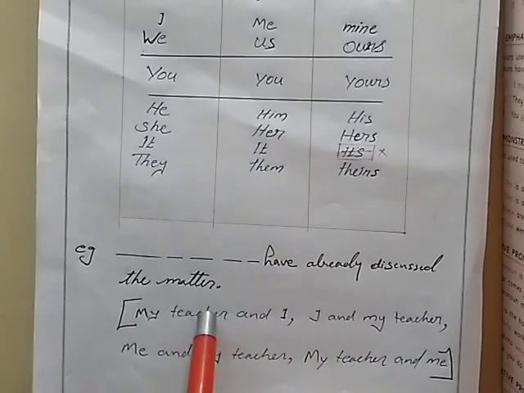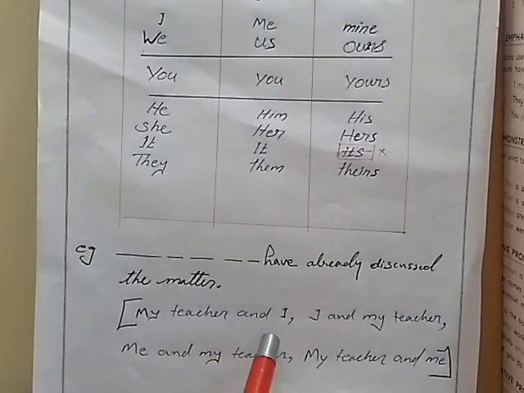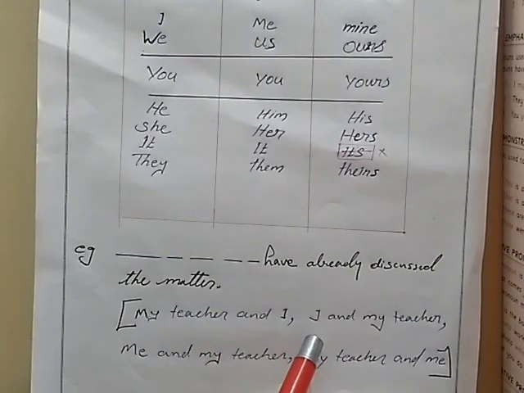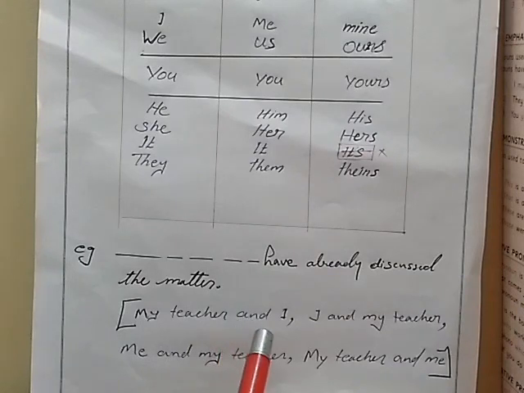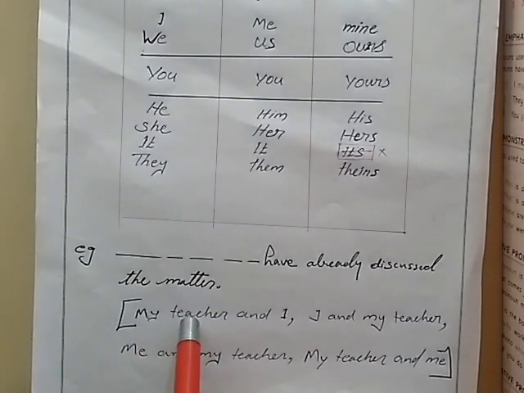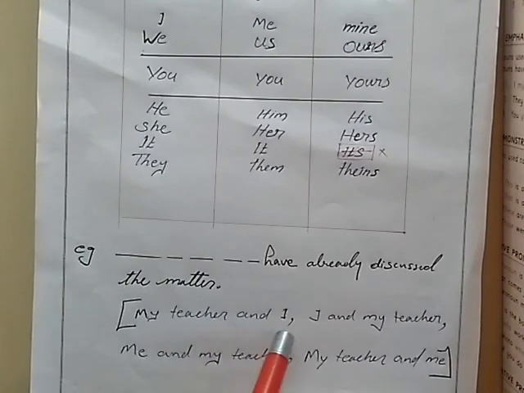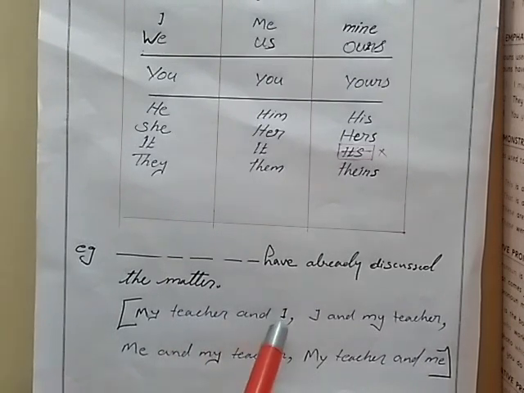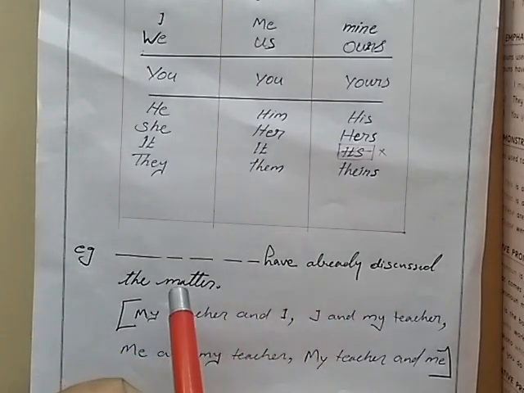The first one is the correct answer, my teacher and I. Since I am the speaker, instead of addressing myself first, we have to respect the other person. Since my teacher and I, we have to place the other person first. So my teacher, or she, comes in the first position, and I. My teacher and I have already discussed the matter.